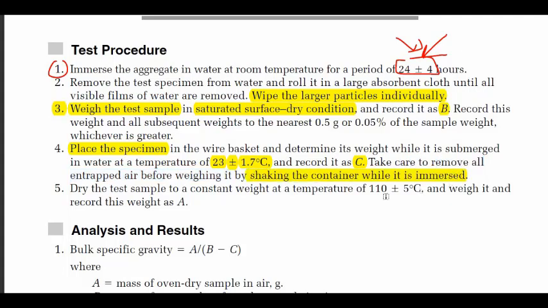This is something we're going to see in the video. We're going to shake the container while it is immersed. And number 5, dry the test sample to a constant weight at a temperature of 110 plus or minus 5 Celsius and weigh it, and record this weight as A. So we have A, C, and B.